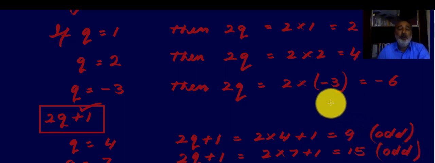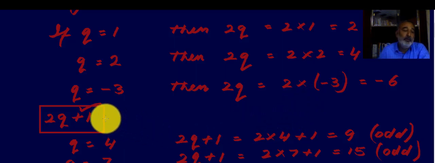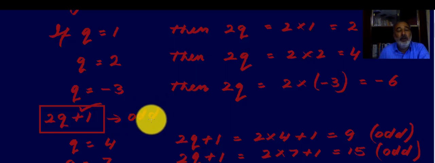So certainly these two forms, 2q provides us only even integers, and 2q plus 1 gives odd integers. The question is how to prove.